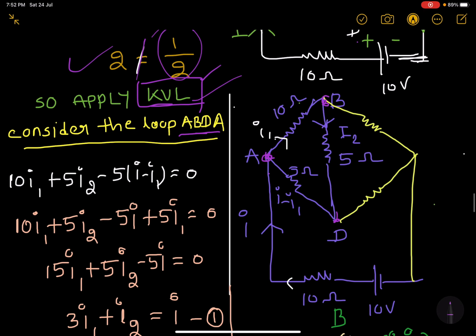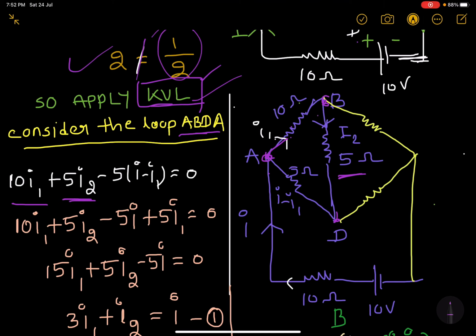This KVL rule we already know. This current is I1, going along the current. Then I am taking 10 ohms: 10 times I1. Next comes the 5 ohms, also along the current, so 5 I2.